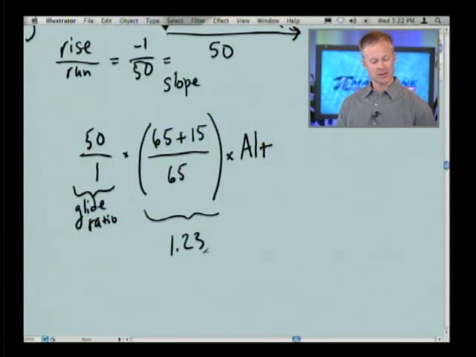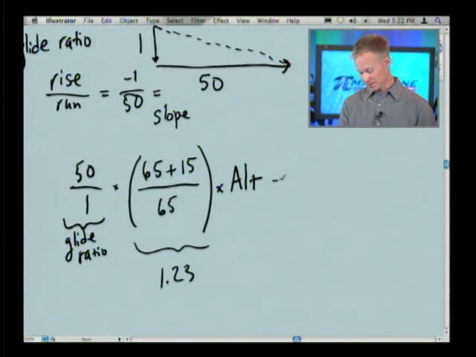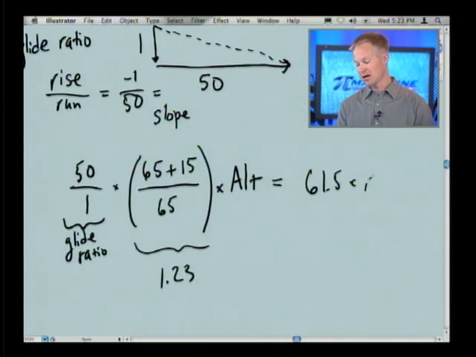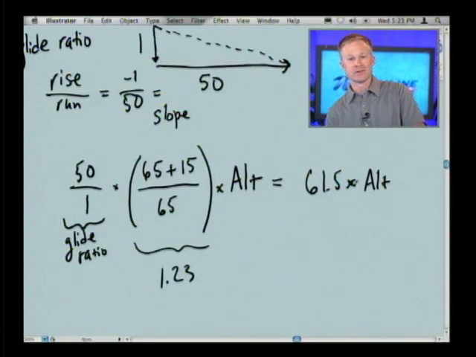And by the way, the next part in his materials that I saw said something like this, 61.5 times your altitude. So what he did was he combined that fraction with the 50/1 and figured out that, hey, our new glide ratio, because the wind is helping us, is now 61.5, and you can use that to estimate how far your distance can be before you're going to have to find an airport or a nice field, as he mentioned.